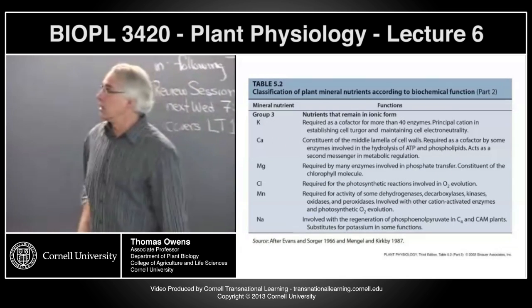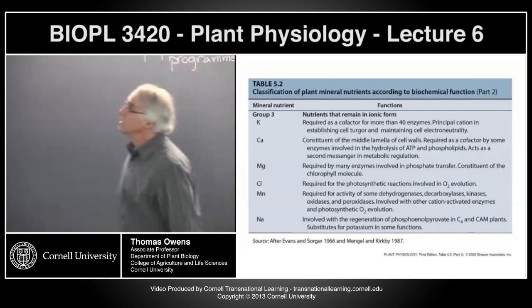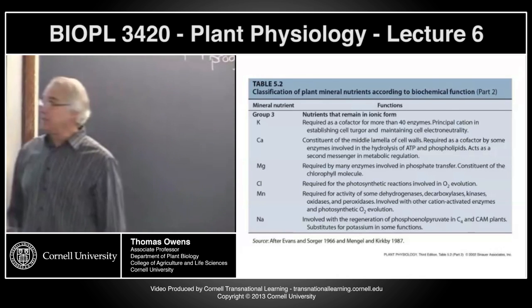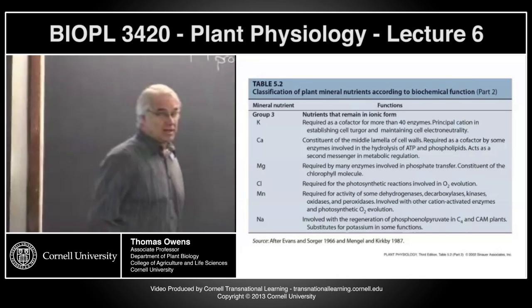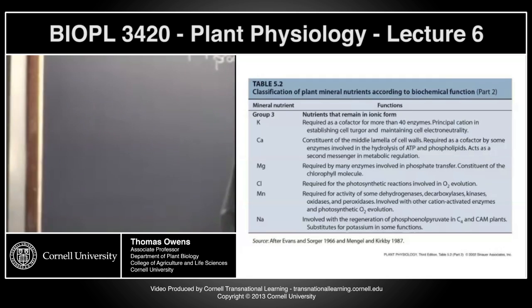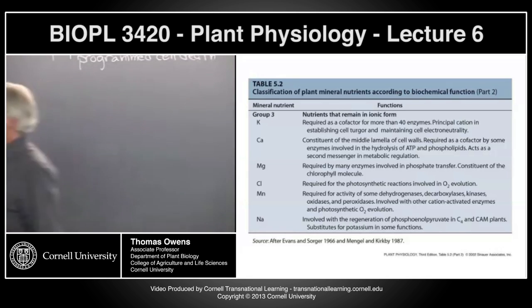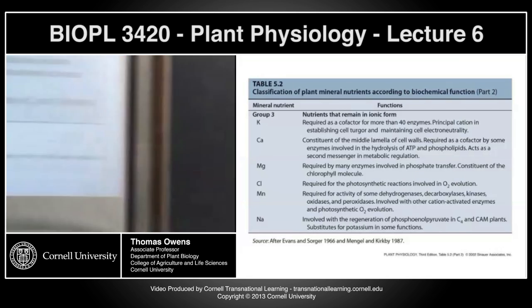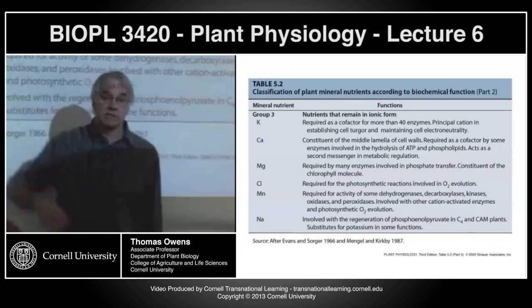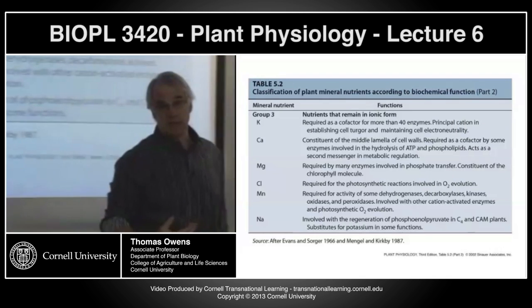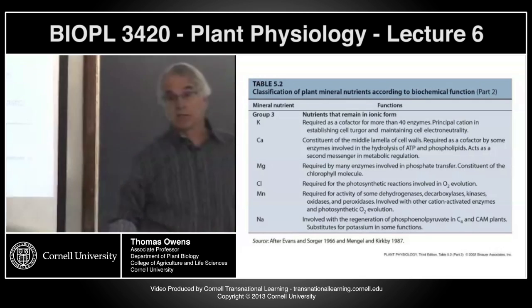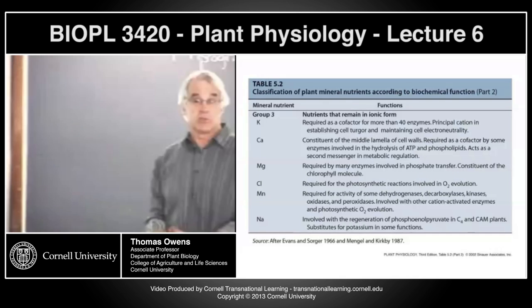A little better are the group 3 and group 4 ones, where the group 3 are ones that remain largely in ionic form. Well, actually, all the group 4 ones stay in ionic form, too. But these are ones like sodium, chloride, calcium, potassium. These are common components of the cytoplasm. They're the main ions that are present in the cytoplasm. They also serve other roles, too.